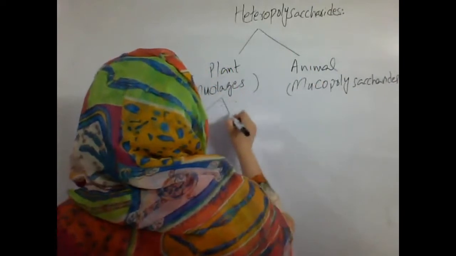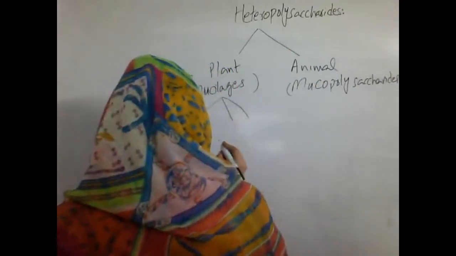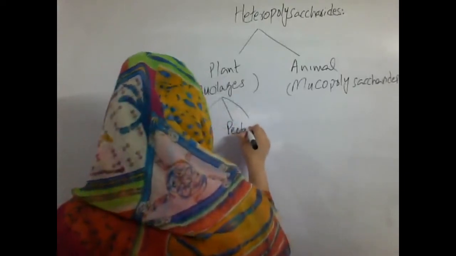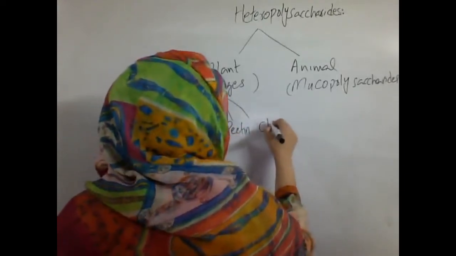The types of the plant heteropolysaccharides are agar, pectin, and chitin.